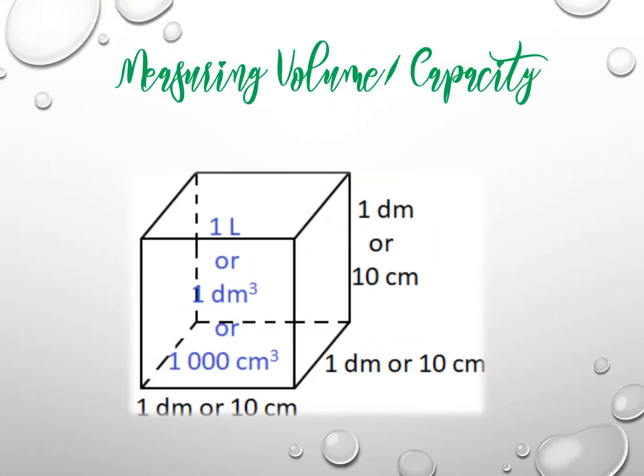So, using those related units, okay, ito yung example sa cube. 1 dm is equivalent to 10 cm. Yun yung sukat ng kada side nitong cube.